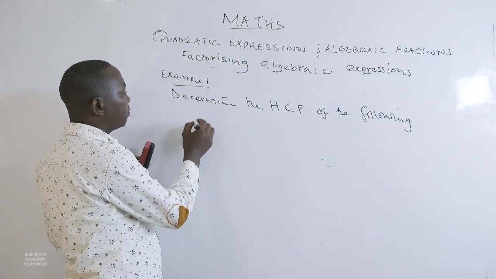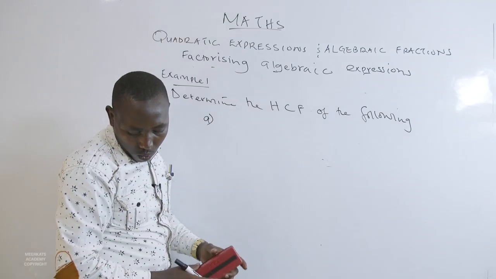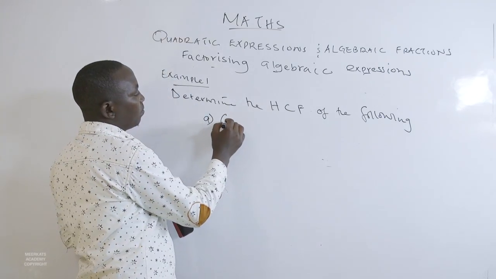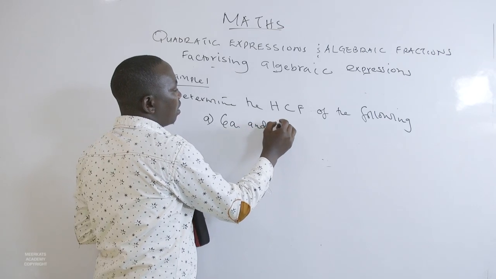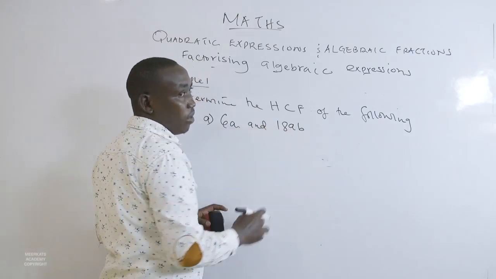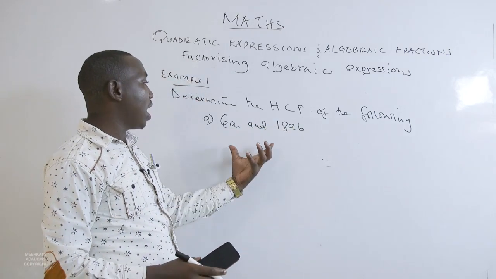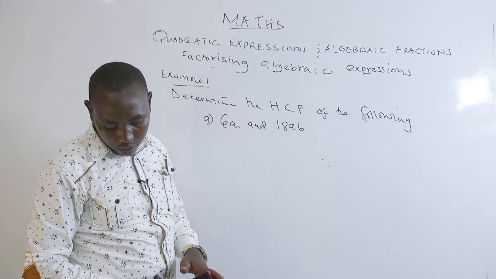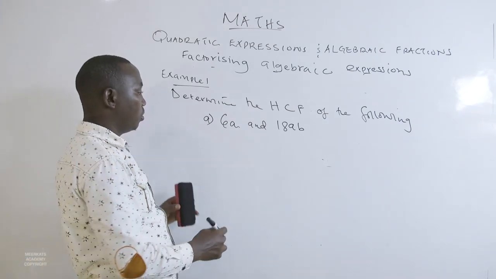Number 1, we have 6a and 18ab. So we need to identify what is the highest common factor between the two.